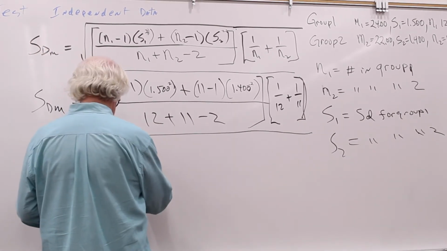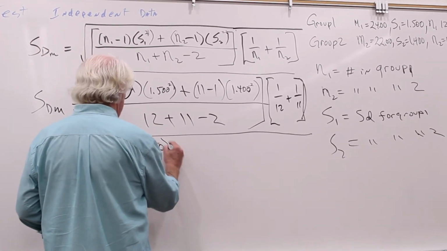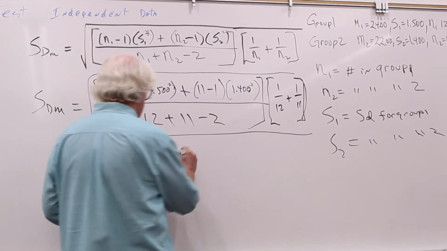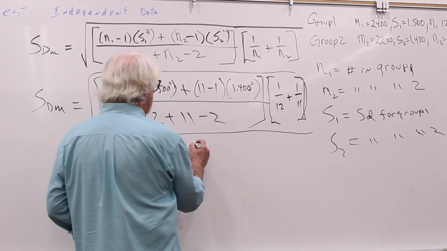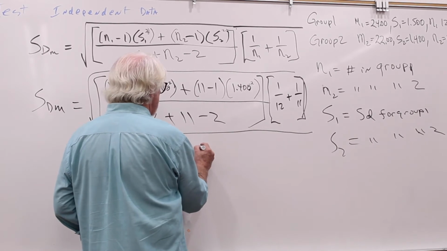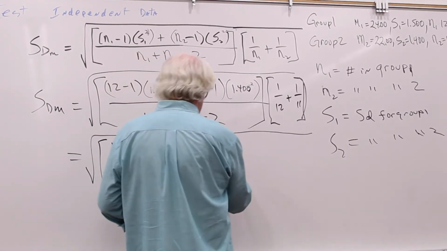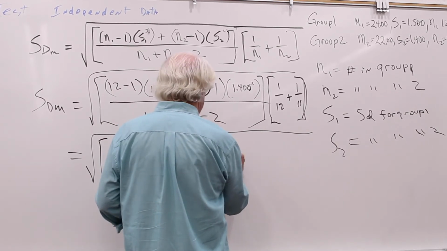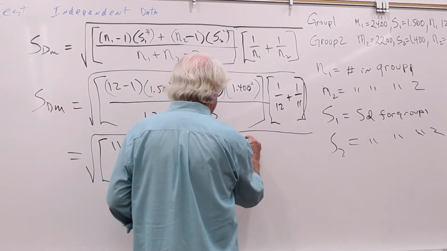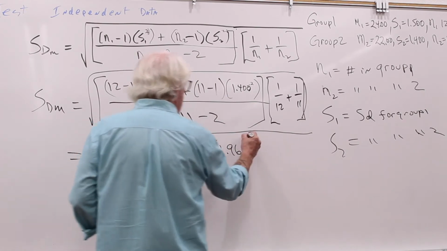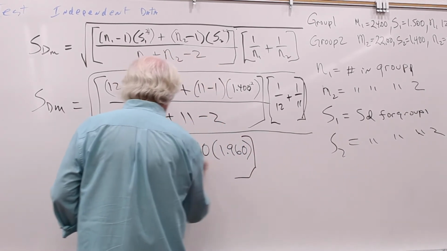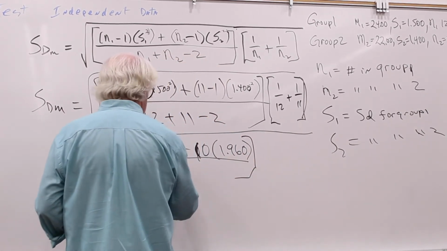7 times, plus n minus 1 for 2, right? n2 minus 1 is 10, times 1.960, all over 21.